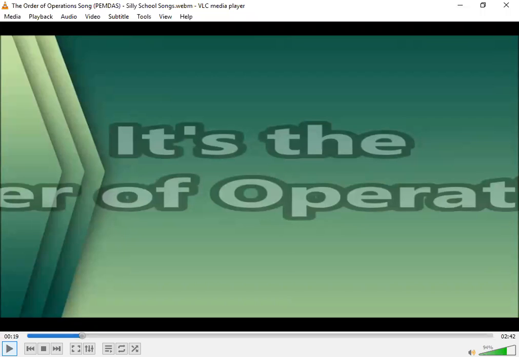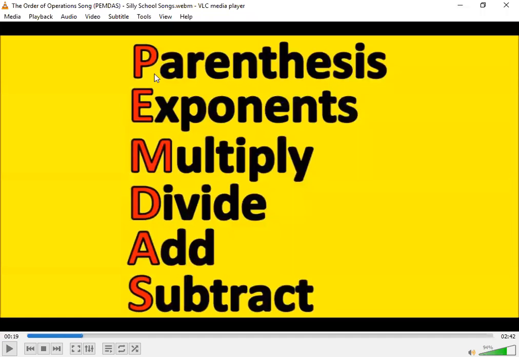So as you see here in front of you, we have 5 main words for order of operations. So we can say the word BIMDAS. So BIMDAS denotes P for the parentheses, E for the exponents, M multiply, D divide, A add, S subtract.